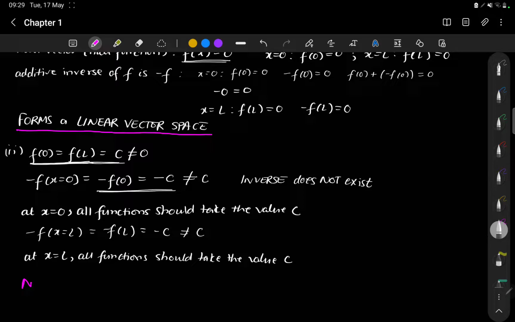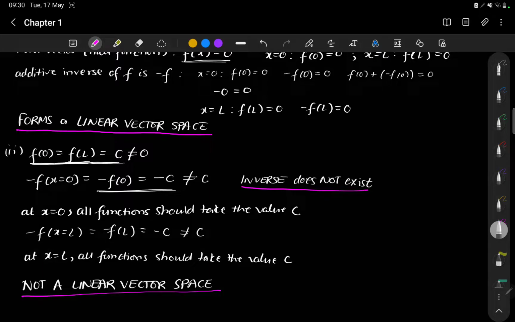Sorry, we will write: not a linear vector space. Why? Because the inverse does not exist.